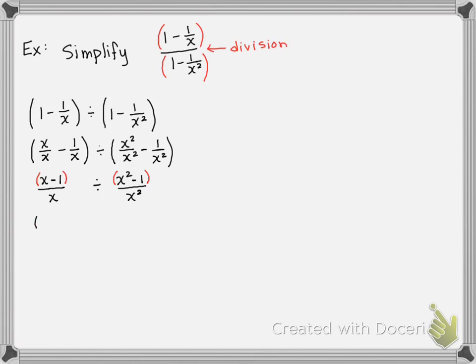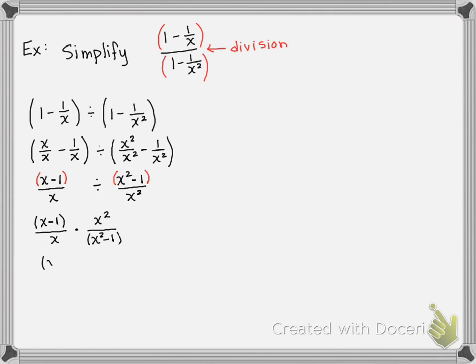So we'll rewrite this as multiplication. Would we factor that x squared minus 1? Yes, we will. I'm going to write it as multiplication first. And then, yes, to simplify this, we have to factor. So in this case, the only thing that factors is that x squared minus 1.